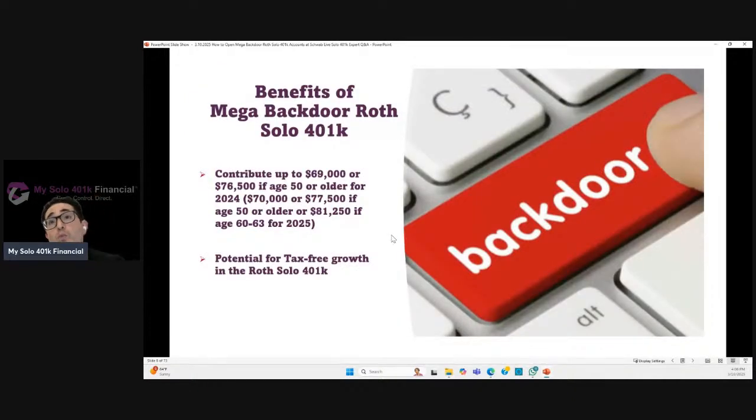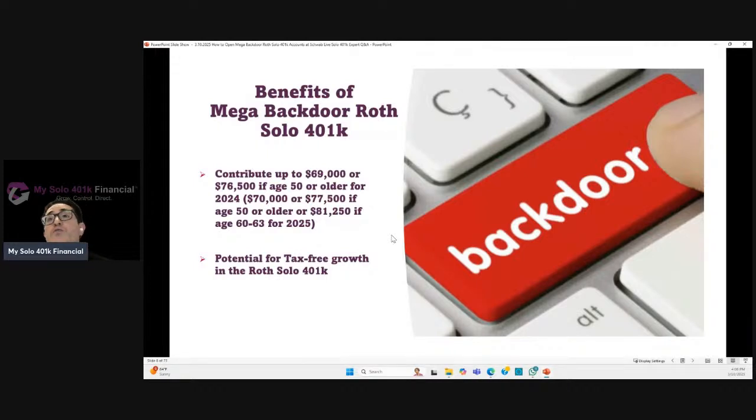Now, one of the top reasons that customers set up accounts with us is because they can make mega backdoor Roth contributions to our solo 401k plan. With a mega backdoor Roth contribution, individuals can contribute up to $69,000, or even $76,500 if they're 50 or older, for 2024.